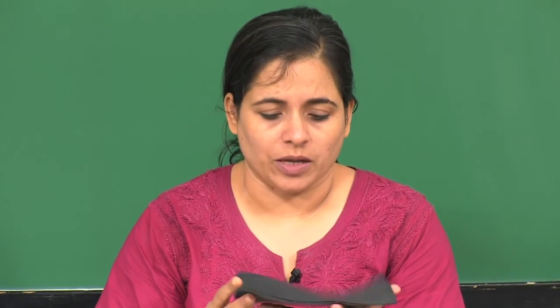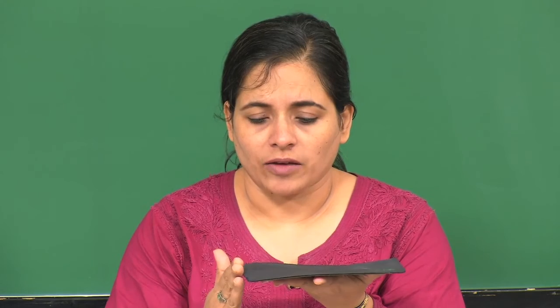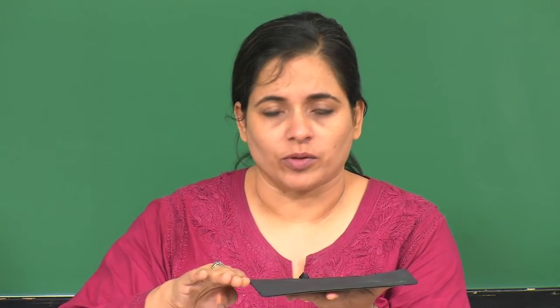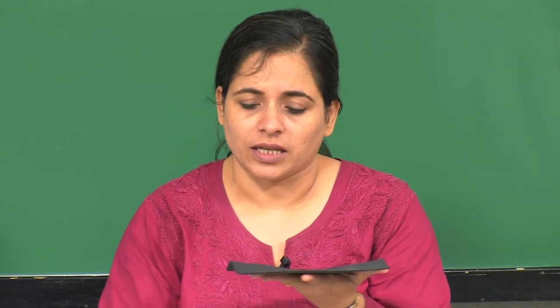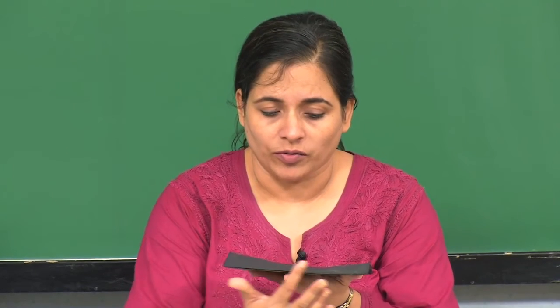I would hope that by the end of this course, say I have a flat plate like this, and a flow which is coming and impinging onto this flat plate. The questions I would like to ask are: how does the boundary layer develop on a flat plate like this? How does it look if I go along this edge of the plate?